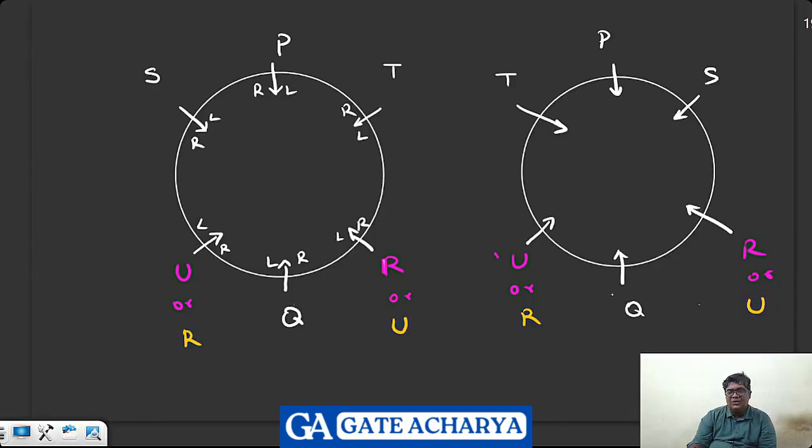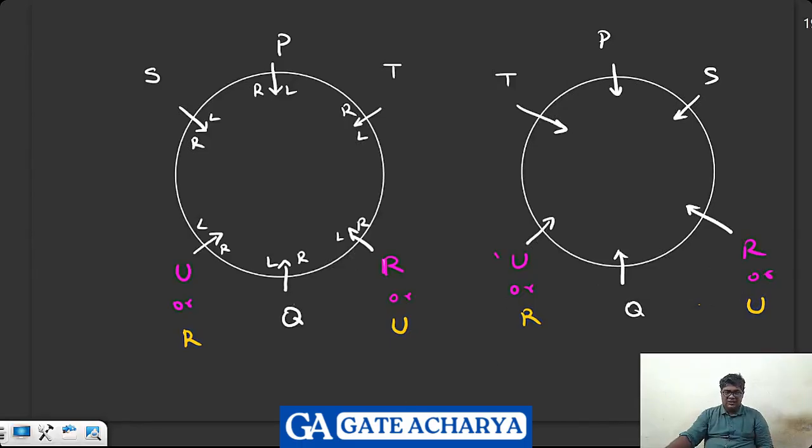In the second case also the same thing is happening. So who is the neighbor of Q? Obviously always going to be U and R. U for umbrella, R for rabbit. U and R are neighbors of Q in all the 4 cases.